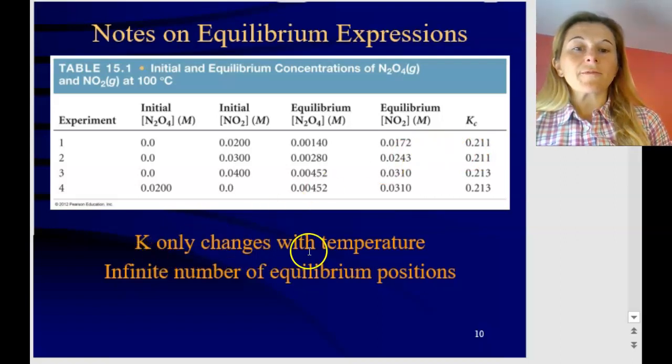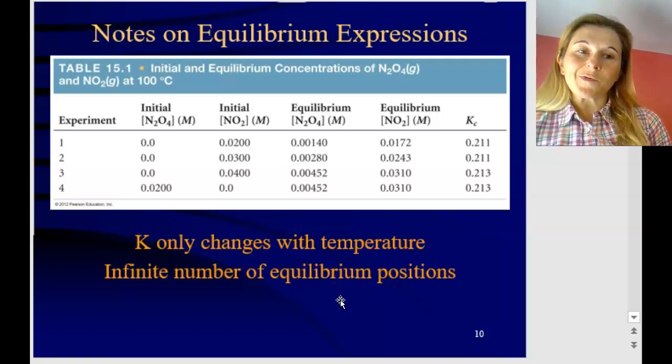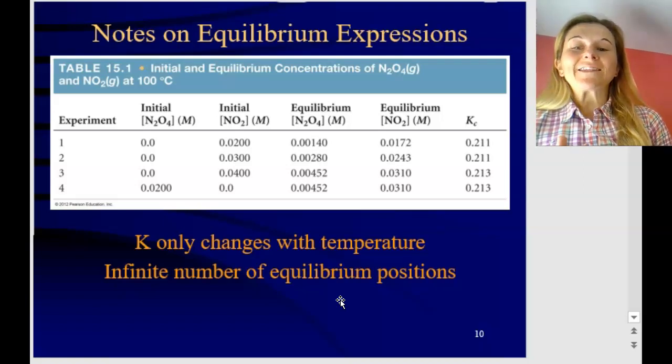The equilibrium constant is only going to change with a change in temperature. Remember Le Chatelier's principle back from Chem 1, flashback, right? That temperature is energy. And so it depends if we have an exothermic or endothermic reaction. We'll talk more about that later.